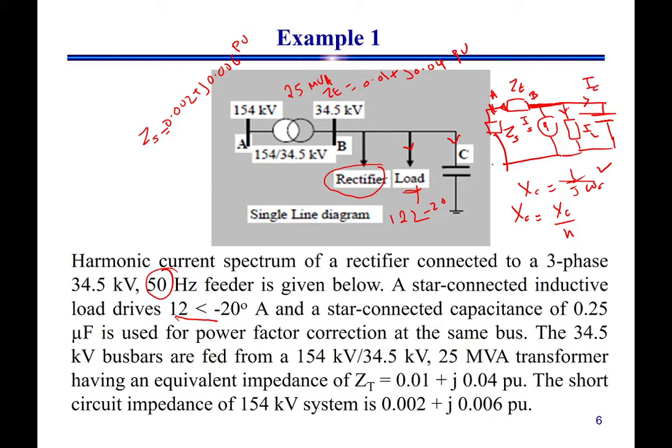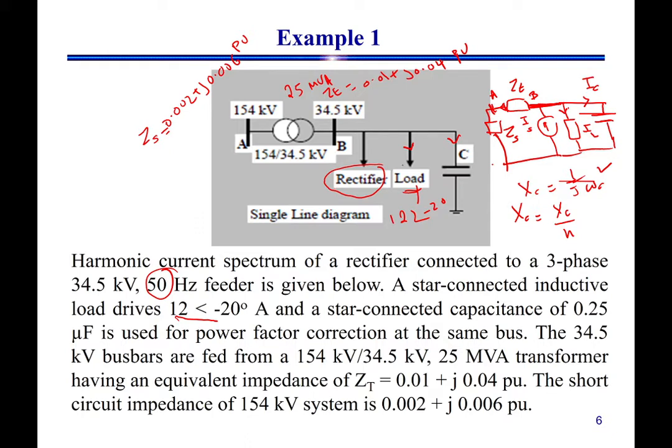Over here we have a load that takes a current of 12 with an angle of minus 20. Now if we would like to calculate Z load, it will be the voltage divided by the current, right? The voltage over here at the fundamental frequency will be 34.5.